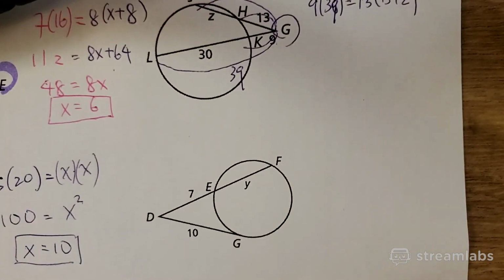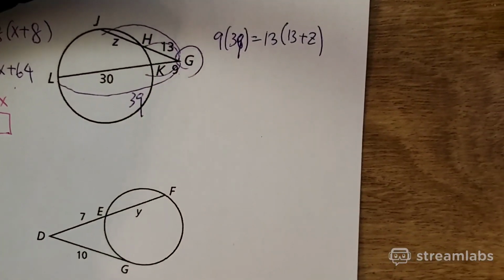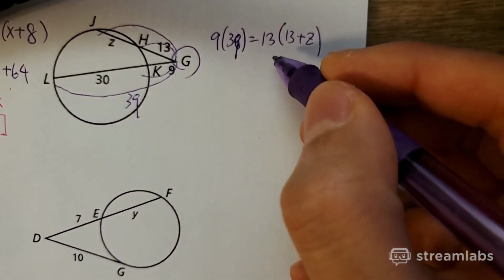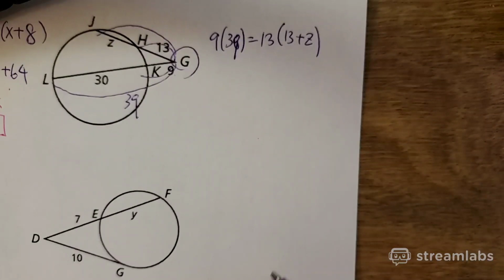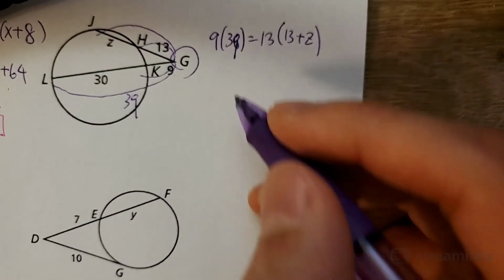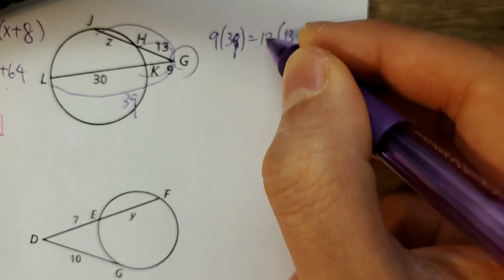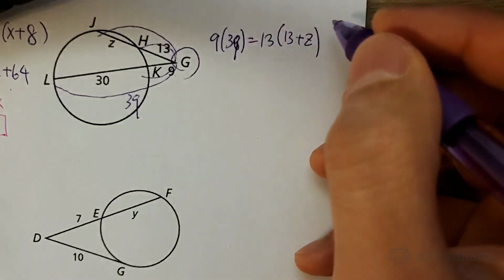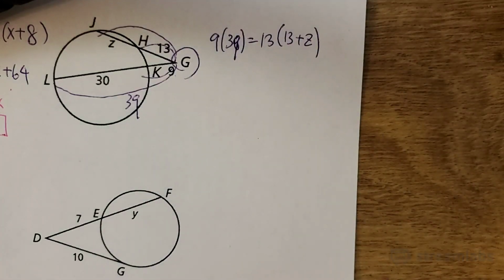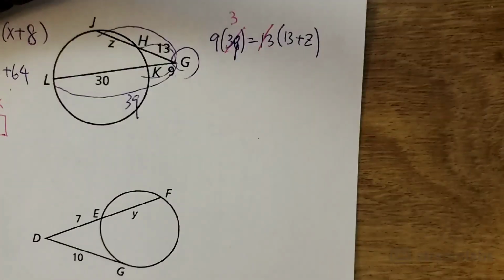So, multiplying it out. You could distribute first, but an alternative way to do this by hand is if you can cancel this out, right? 39 goes to 13 3 times.